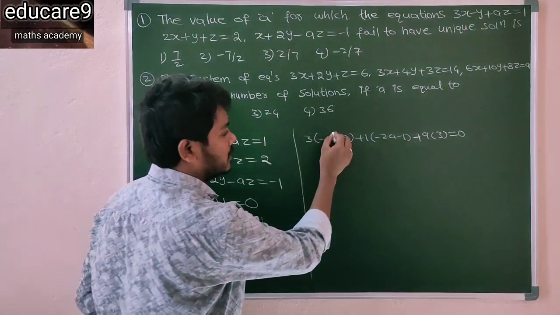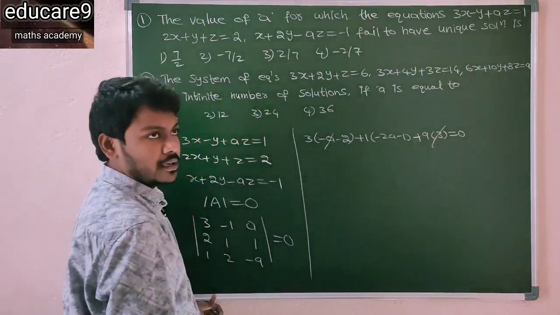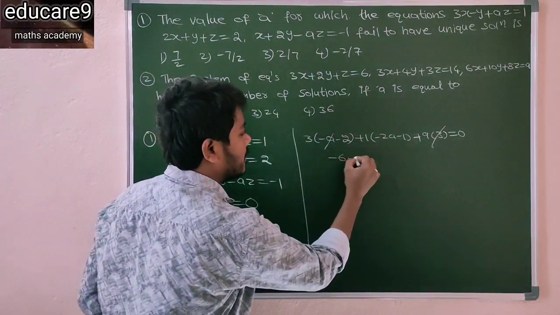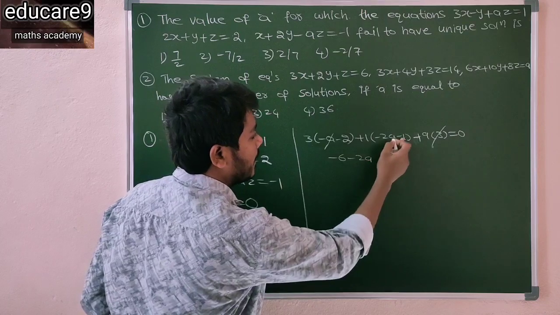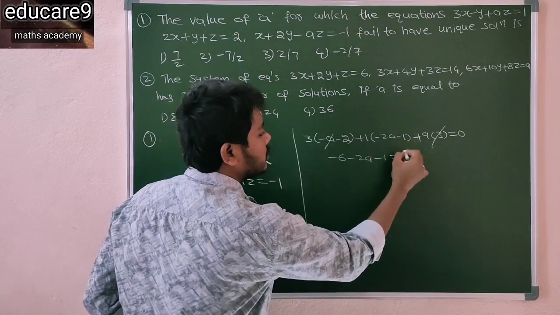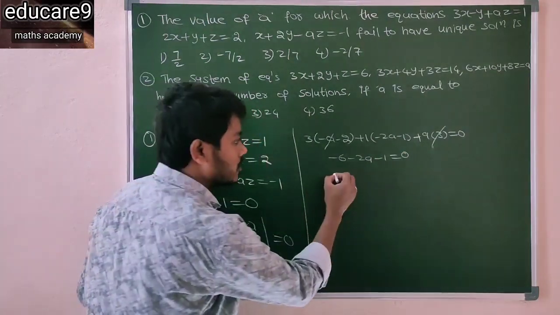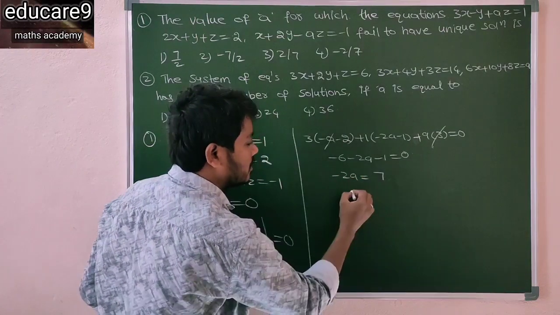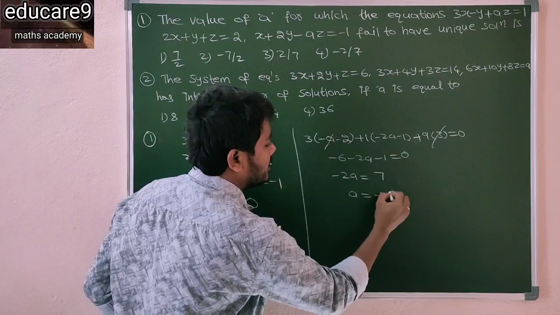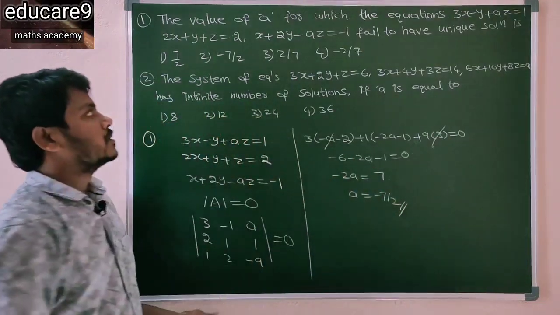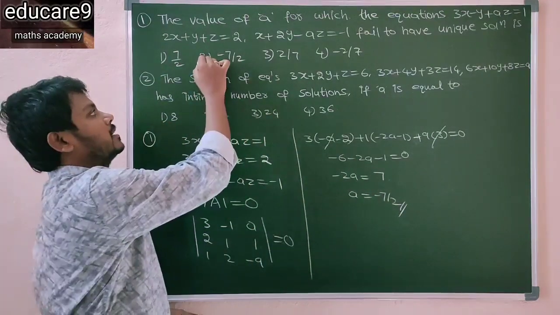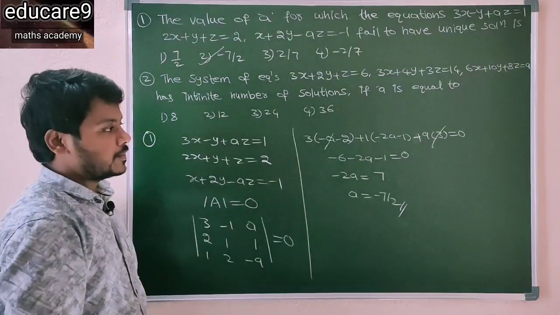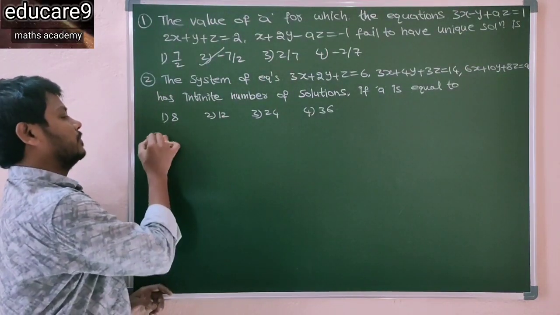Now this minus 3a plus 3a gets cancelled. So minus 6 minus 2a minus 1 is equal to 0. So minus 2a is equal to 7. So a is equal to minus 7 by 2. So clearly the value of a is minus 7 by 2, option 2. So next, see the second one.